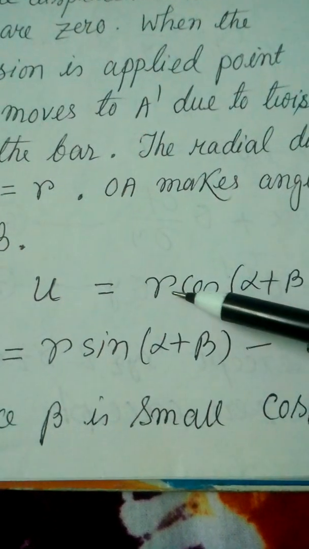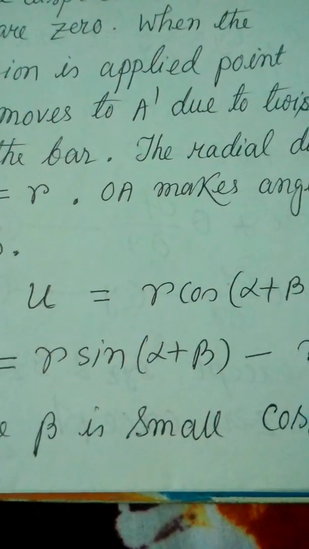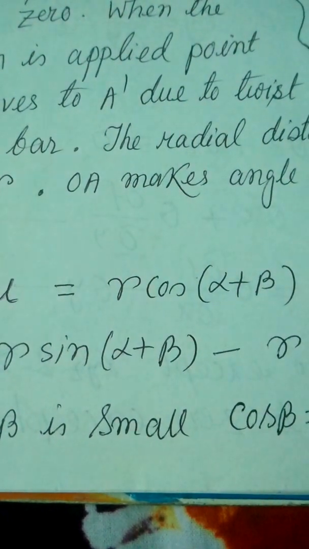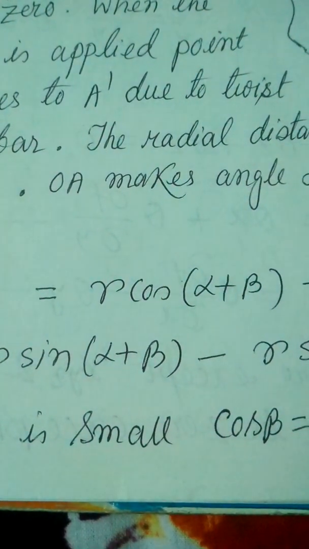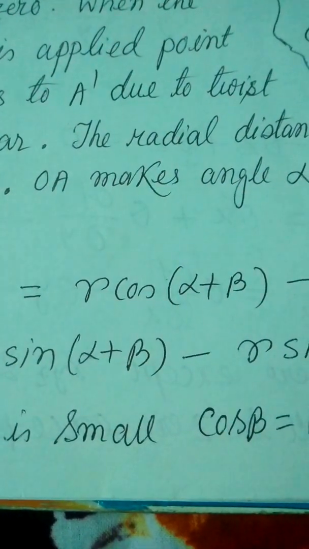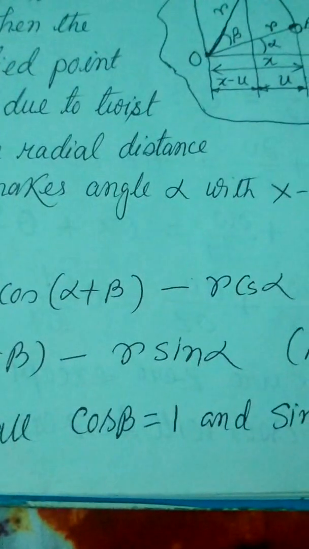U is equal to r cos alpha plus beta minus r cos alpha.